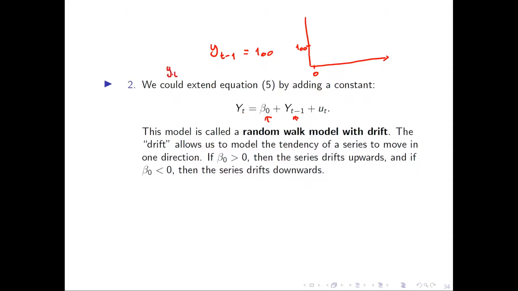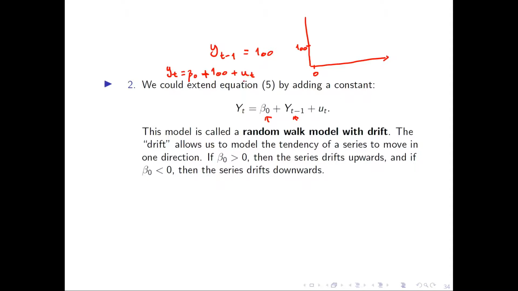So yt equals 100, which is yesterday's price, plus a drift. So every single period you add the drift term. Okay, so maybe this drift term is €1 per month or something, and you add the error term.